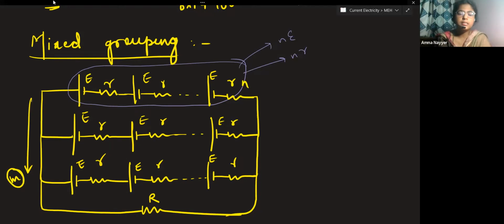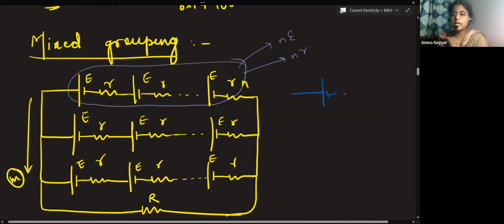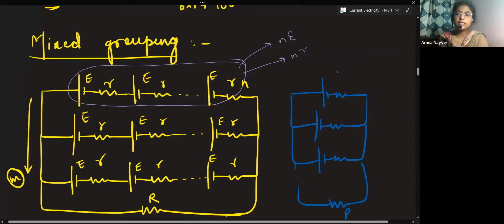It means I can reduce my circuit in this manner, and so on, connected with the external resistor. This is nE, nr. See, what did I write?